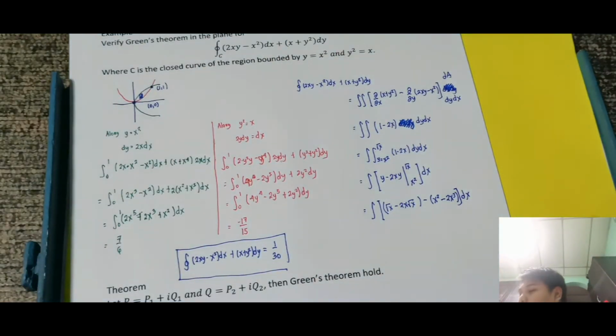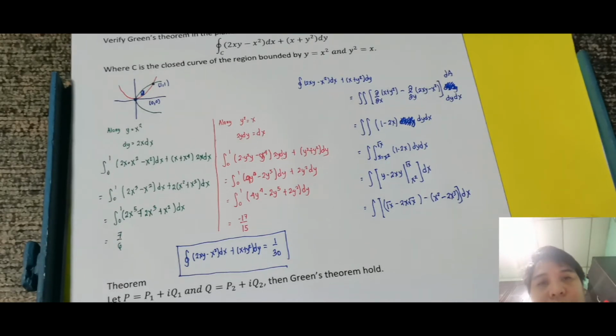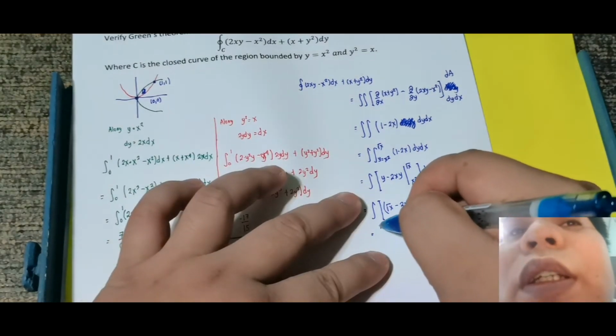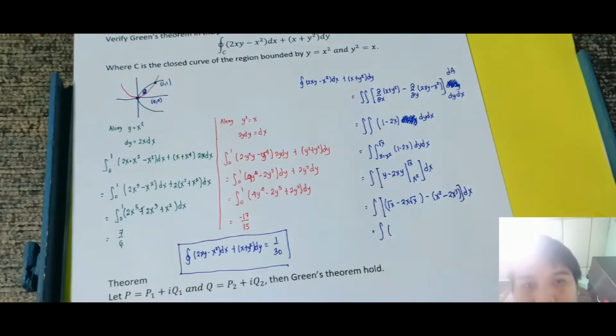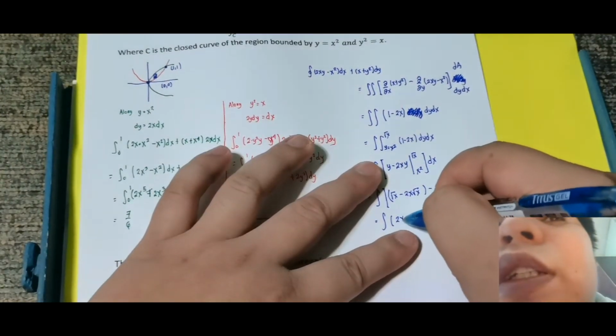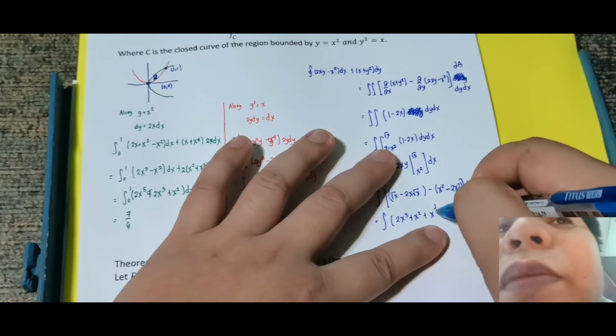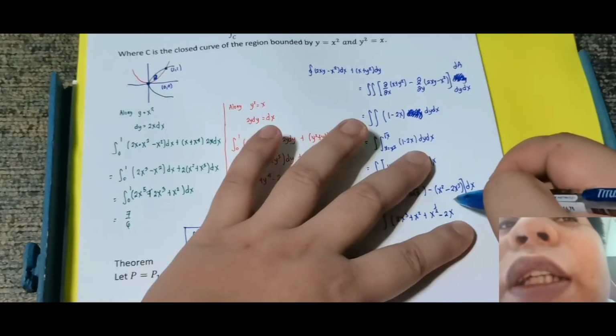Pag sinimplify ko, that is simply equal to the integral of positive 2x cubed plus x squared plus x raised to 1 half minus 2x raised to 3 over 2.